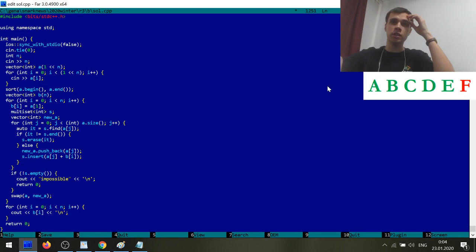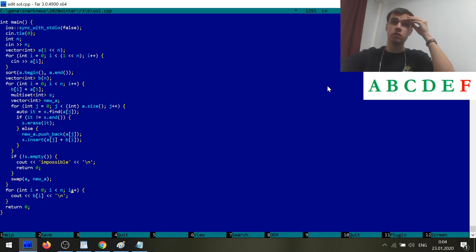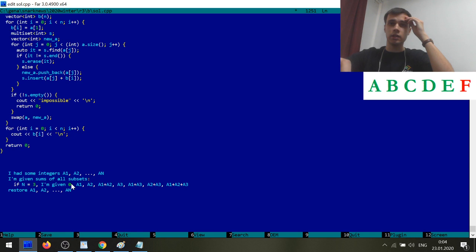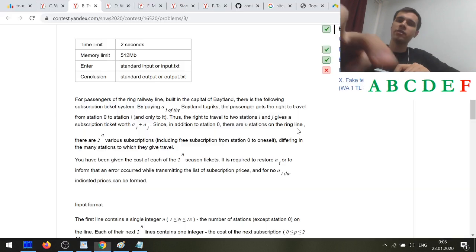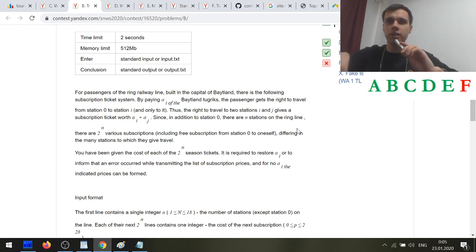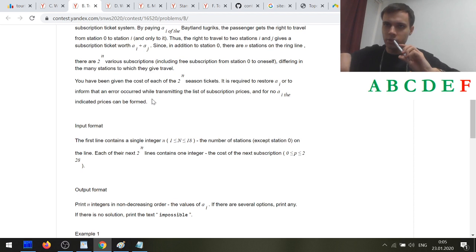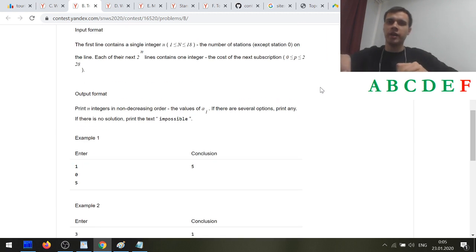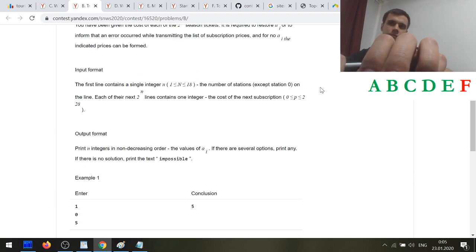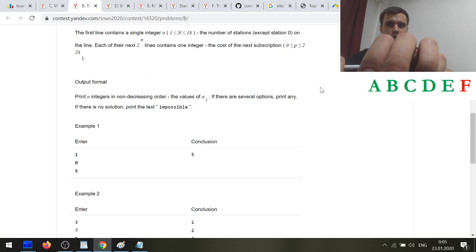So the solution is not difficult. Basically, notice that I have a 0 always, right? And since I have a 0, well, it doesn't matter, right? The important condition, which I'm not even sure is actually given here, but it's kind of important, is that all integers a1, a2, ..., an are non-negative, I guess, or probably even positive.